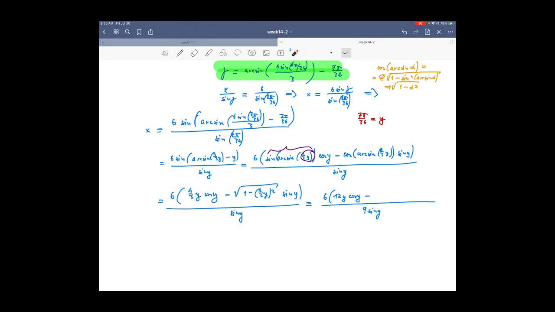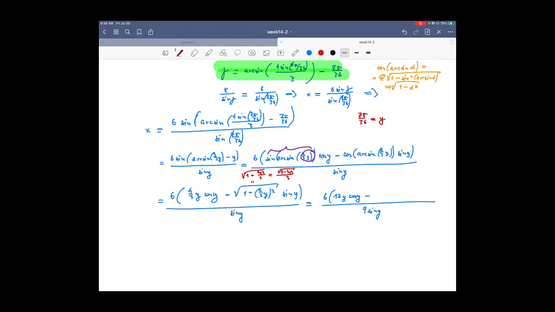Yeah, I think I should have multiplied it simply by 3. Because this here is square root of 1 minus 4y squared over 9, which is root of 9 minus 4y squared over 3.